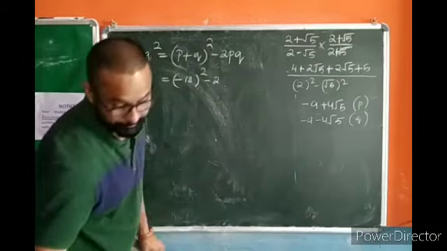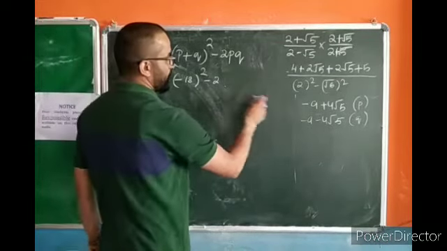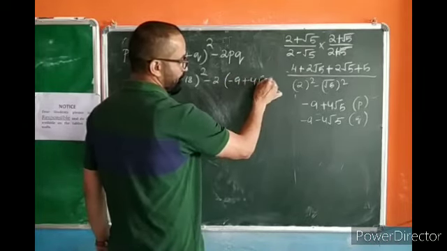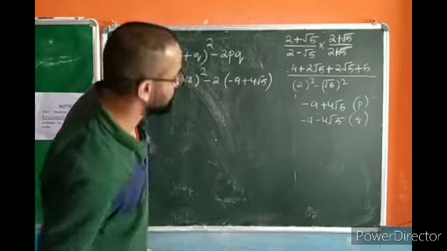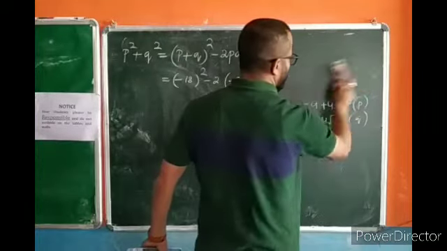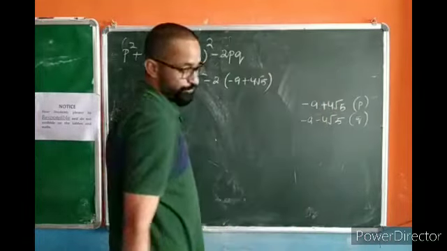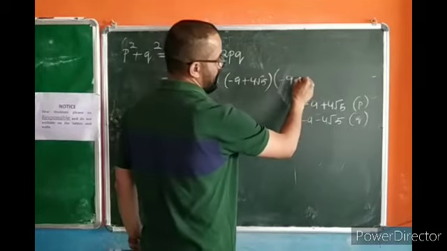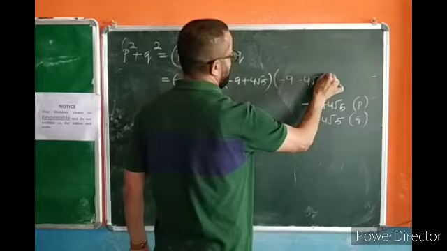The value of P we have, minus 9 plus 4 root 5, and simplified Q also we have, minus 9 minus 4 root 5.